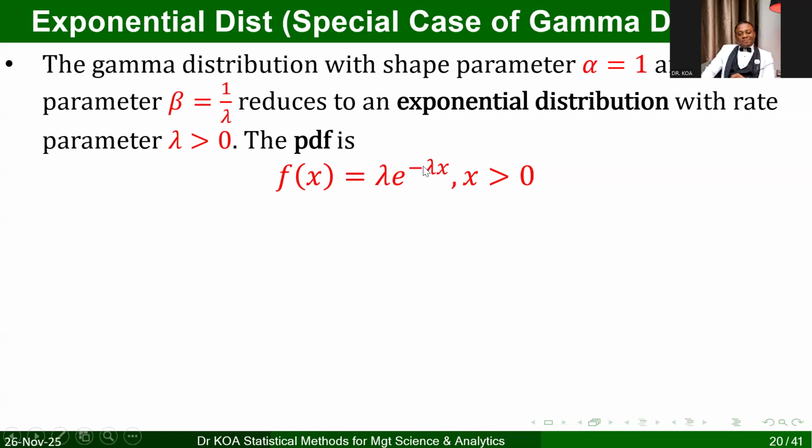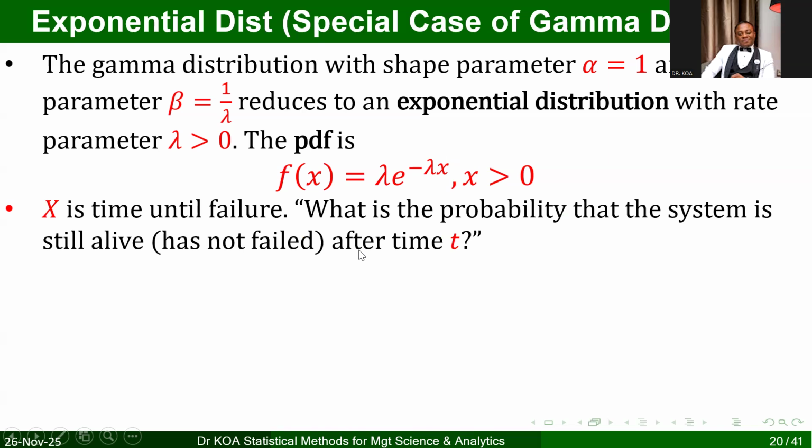That is why this one is not just Z, not X over beta, but lambda X. So similar to the gamma, all you need is the lambda and the X. That's the probability density function.